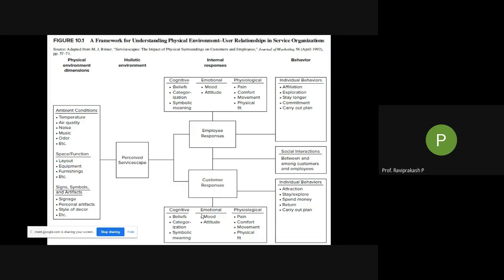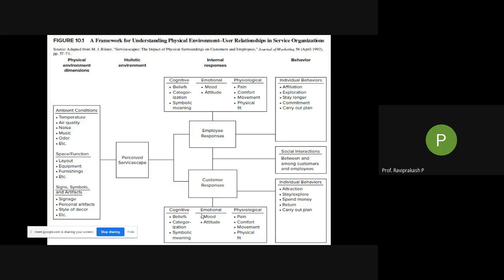Then the style and decor, the way the decoration is done, the lighting is done. So all these things are very important for understanding the framework of the relations between the physical environment and the service organizations, where the service organizations are providing a certain way for the customers to feel a particular ambience.